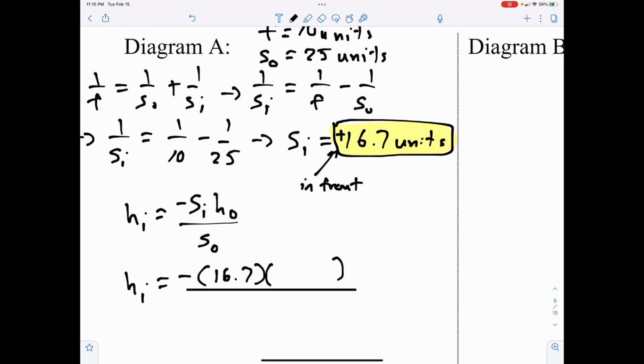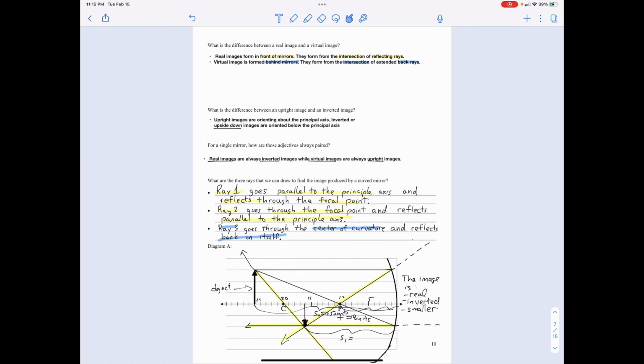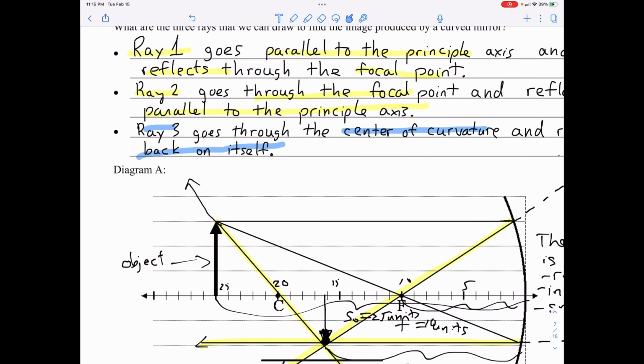For the object height, go back to the original diagram A. Object height appears to be 3 units high: 1 unit, 2 units, 3 units high.